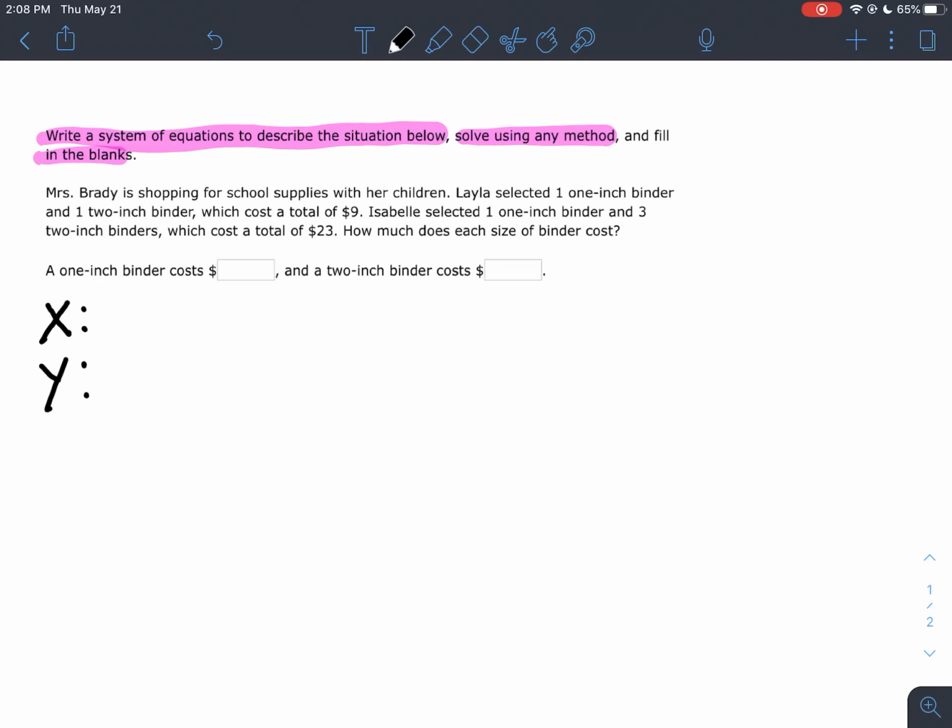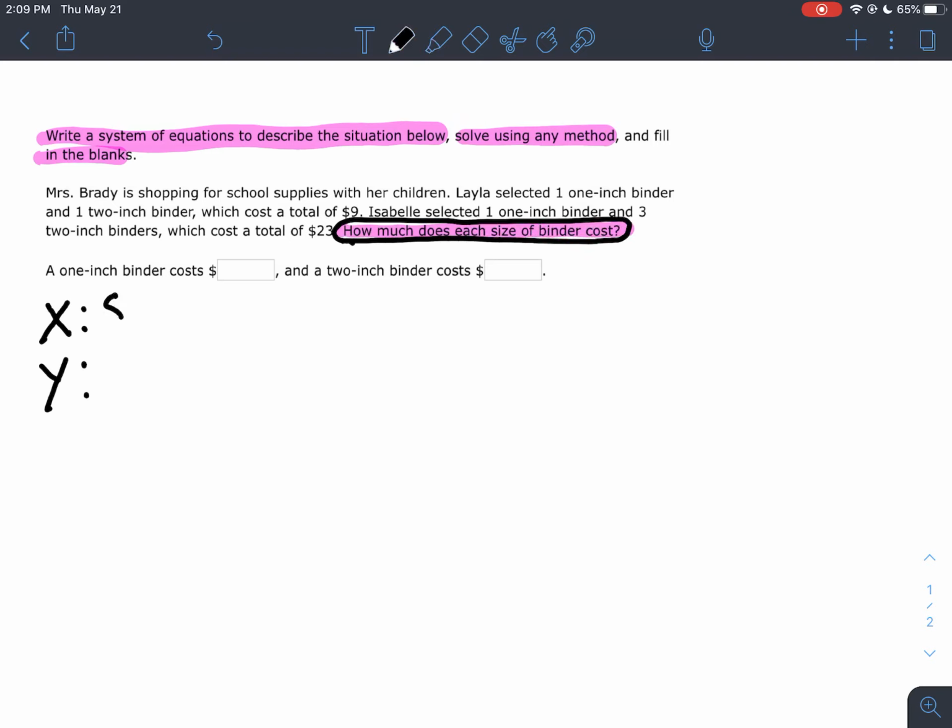Now, in order to set this up, we need to find out what our variables are. You are typically going to get your variables from the question. How do you find a question? Look for the question mark. So the question is going to be what you are going to be answering. So that's where your variables are going to come from. So when you look at this and it says, how much does each size binder cost?